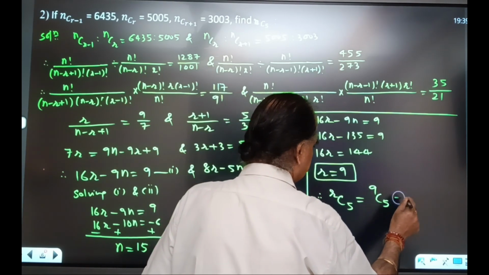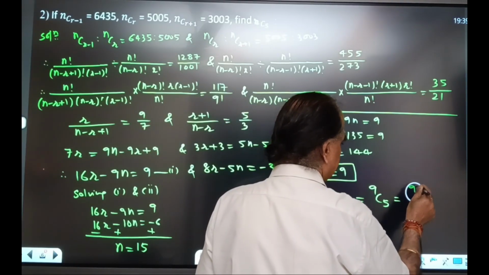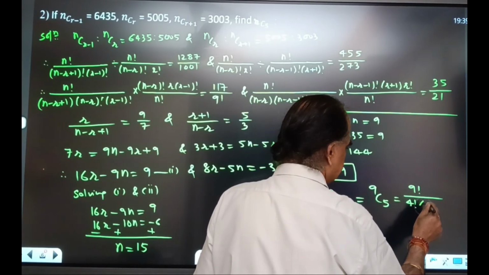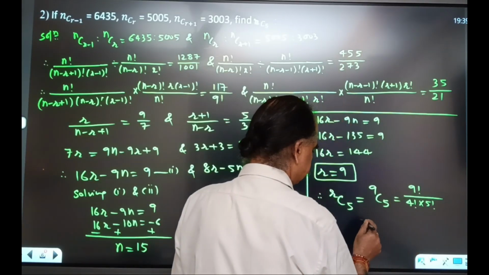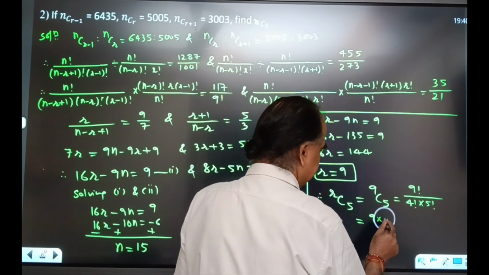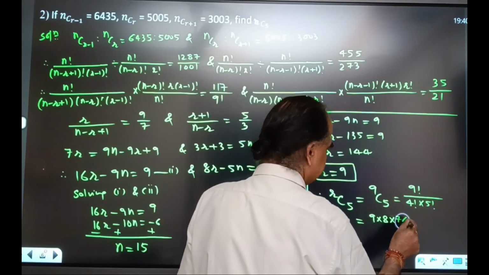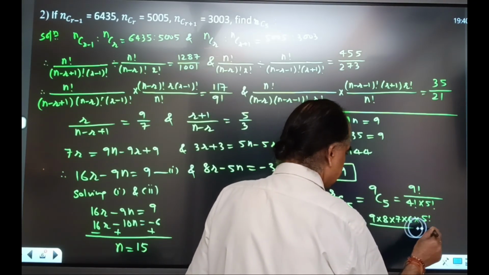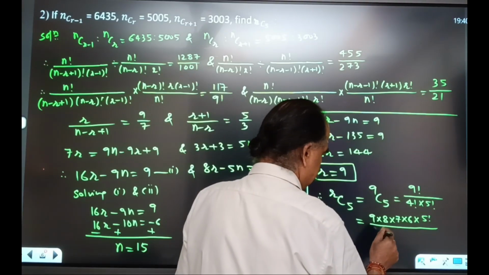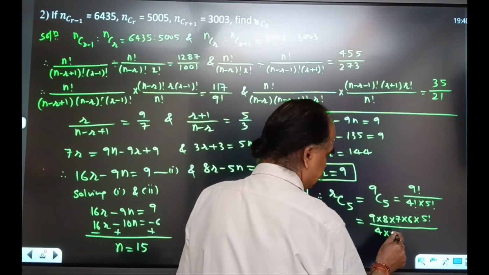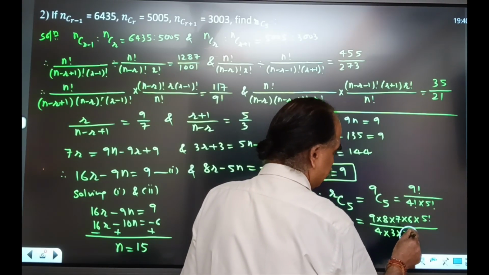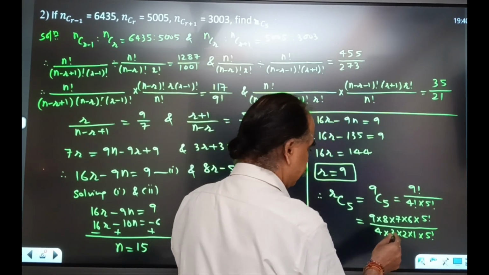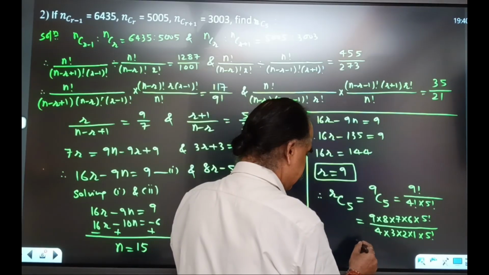rC5 is what? 9C5. 9 factorial upon 9 minus 5 is what? 4 factorial into 5 factorial. 9 8 7 6 into 5 factorial upon 4 3 2 into 5 factorial. 5 factorial cancels, 4 into 2 cancels 8, 3 cancels 9.